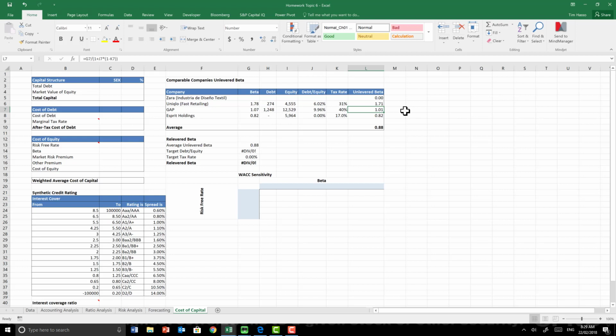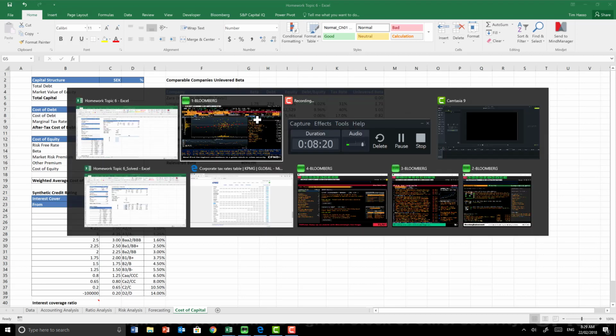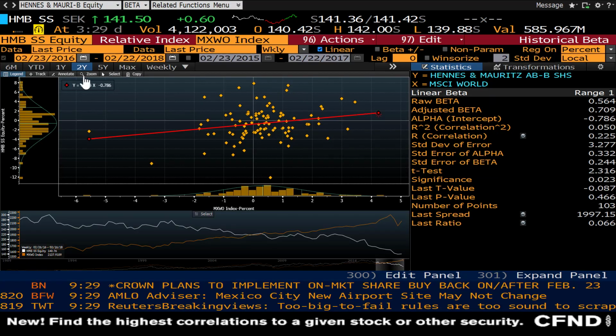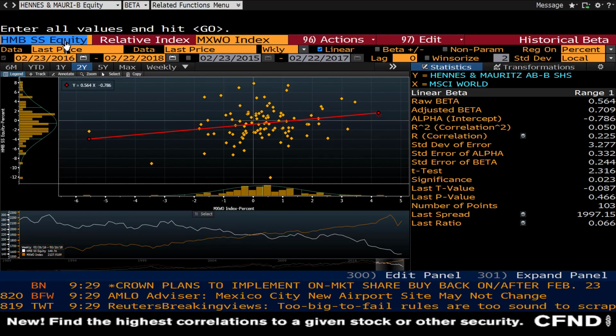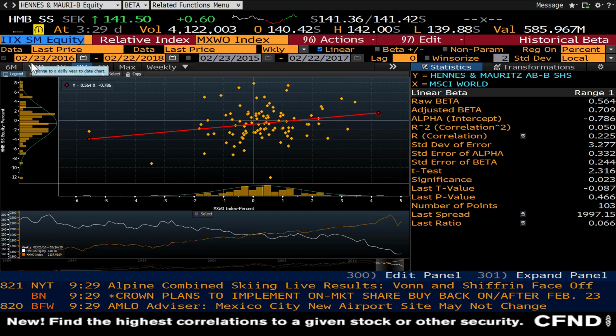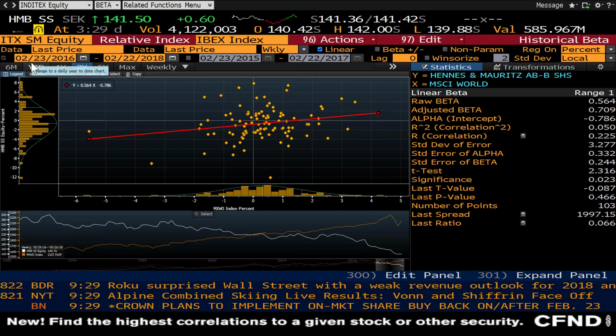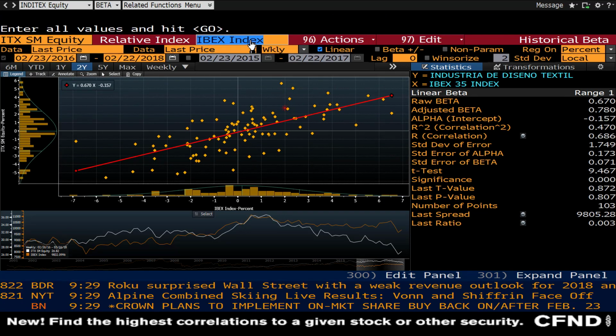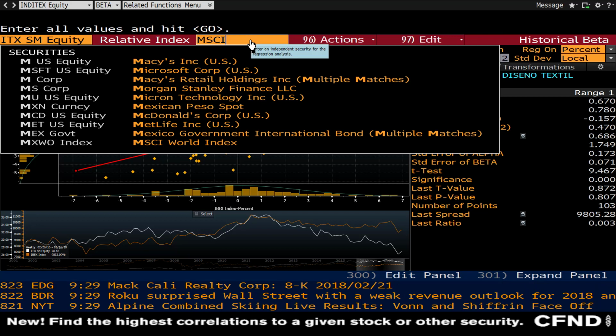Okay, so what I'm going to be doing here is trying to get this information for Zara. I'll go to Bloomberg and figure out the raw beta for Zara. Zara is technically called ITX SM Equity on Bloomberg, because that's their formal name. Press enter. I also want to switch this to the MSCI World Index.